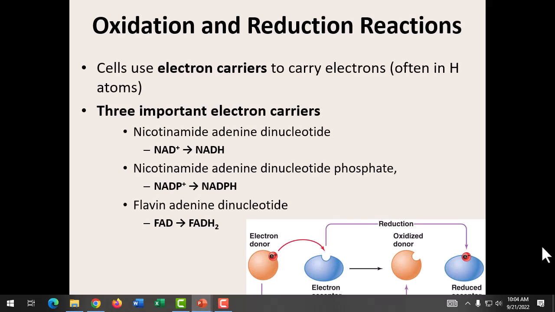This one picked up 2 electrons, and then it picked up 2 hydrogen ions to offset the charge. This one picked up 1 electron and picked up a hydrogen. This one picked up another electron and picked up a hydrogen. That's why you see these have hydrogen on them, because they're carrying electrons, and those hydrogens help neutralize it. So I would recognize NADH, NADPH, and FADH2 as important electron carriers.